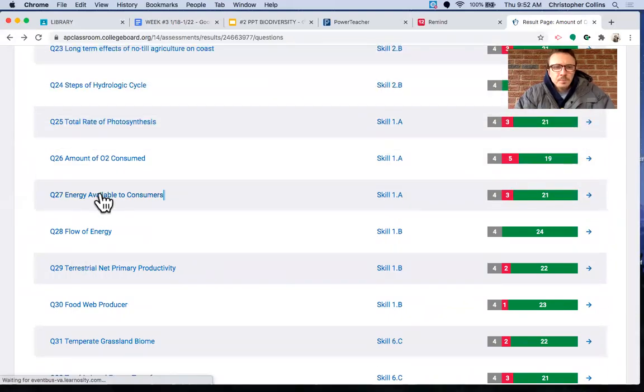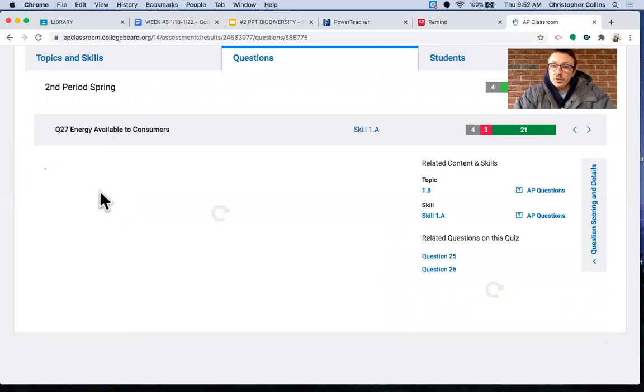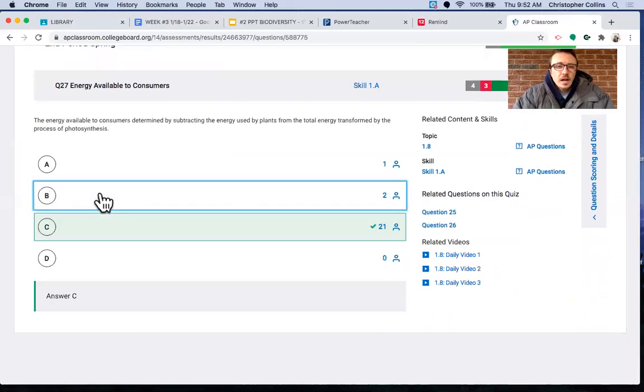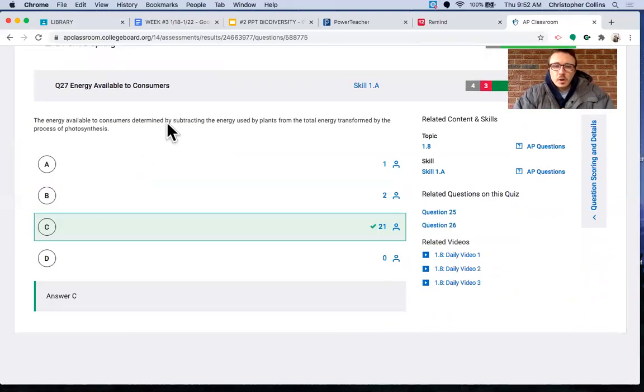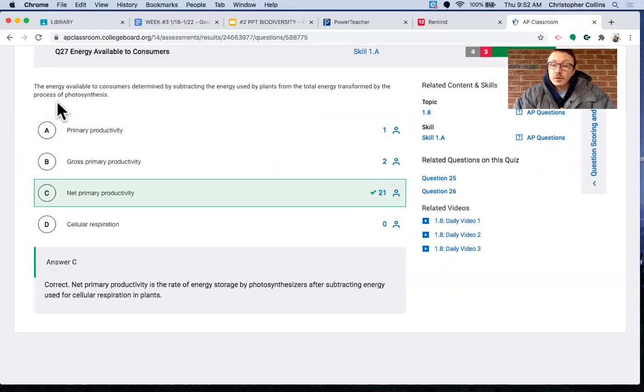I think this one was one that a number of students in my other class missed. The energy available to consumers is determined by subtracting the energy used by plants from the total energy transformed. So if we consider how much energy is actually transformed or fixed or stored by photosynthesis, that's gross primary productivity. However, the plant made those carbohydrates with the intention of using some of them for energy.